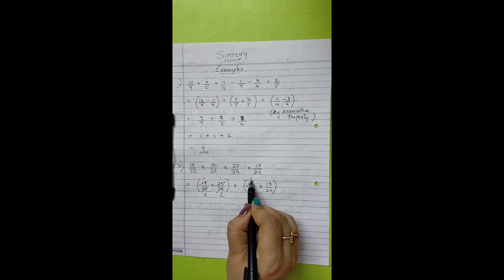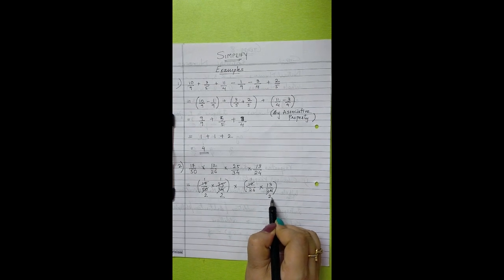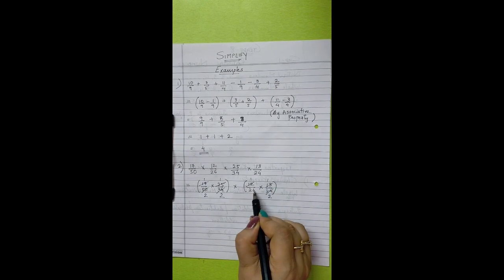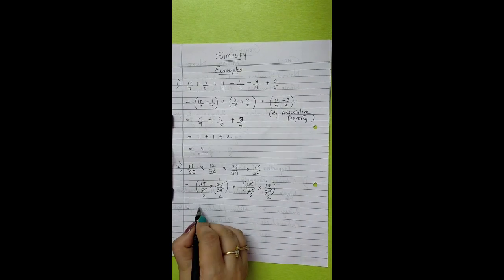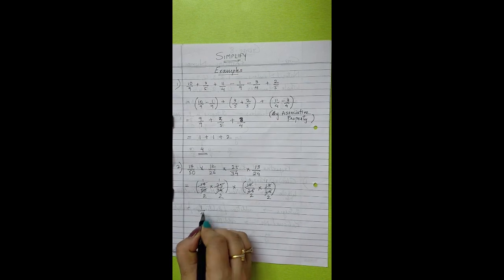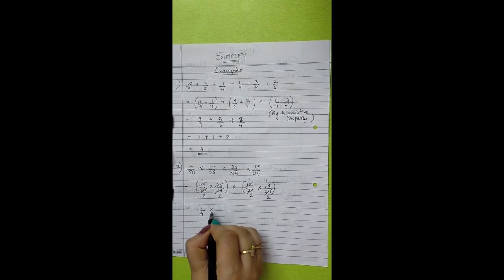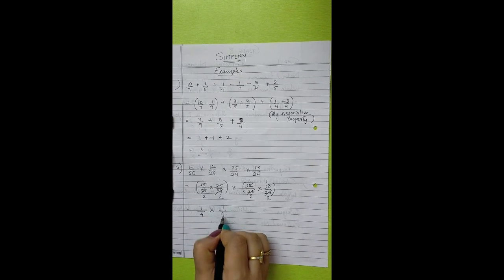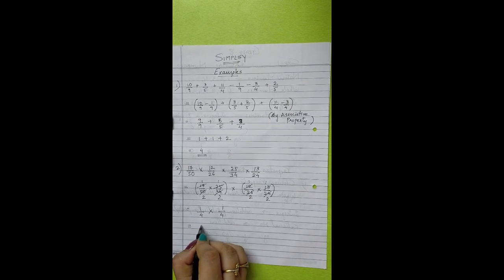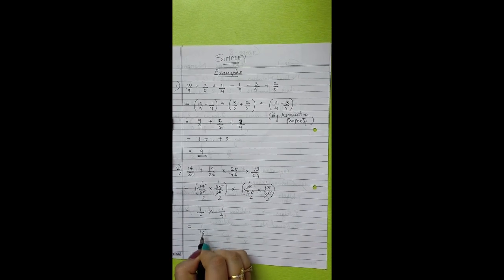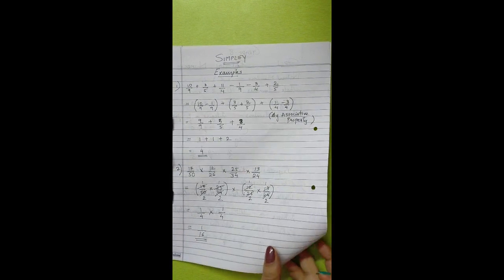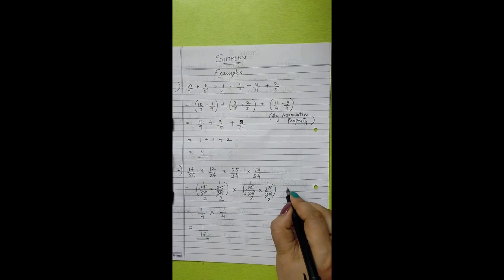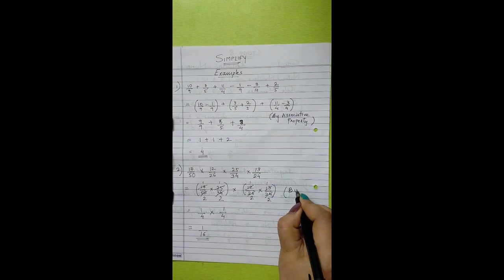This one 12 ones are 12, twos are 24. 13 ones are 13 and 13 twos are 26. So in this bracket our answer will be 1 upon 4, 2 twos are 4, and here also 1 upon 4. So our final answer will be 1 upon 16. Is that clear? Now coming to our next property with a next sum.